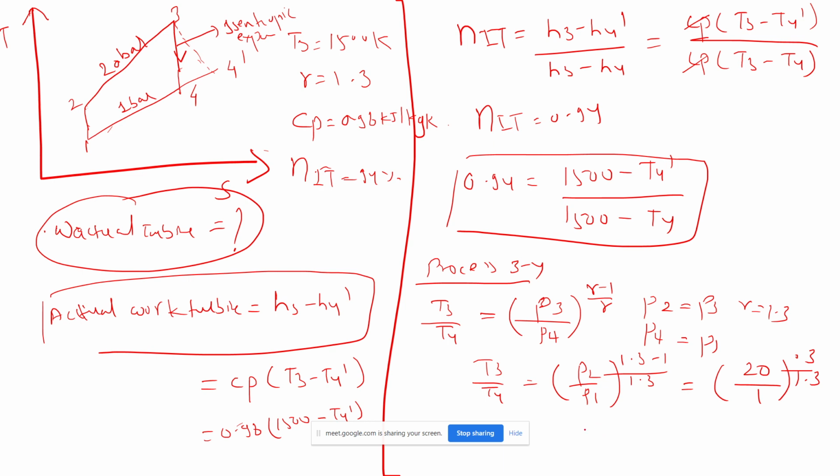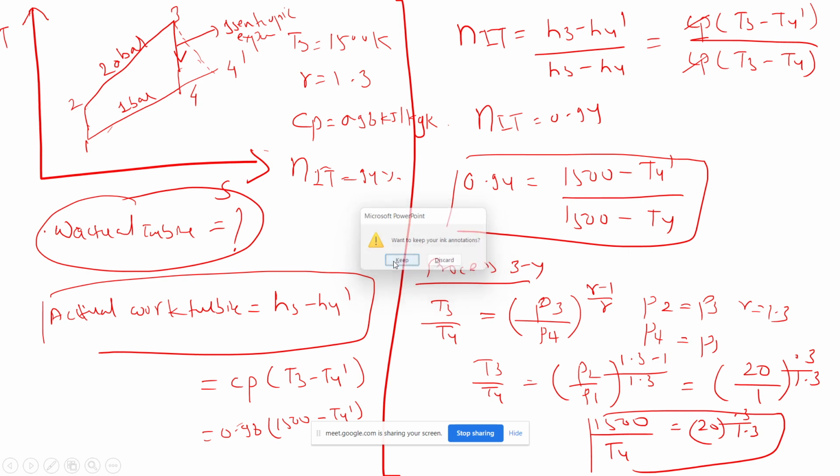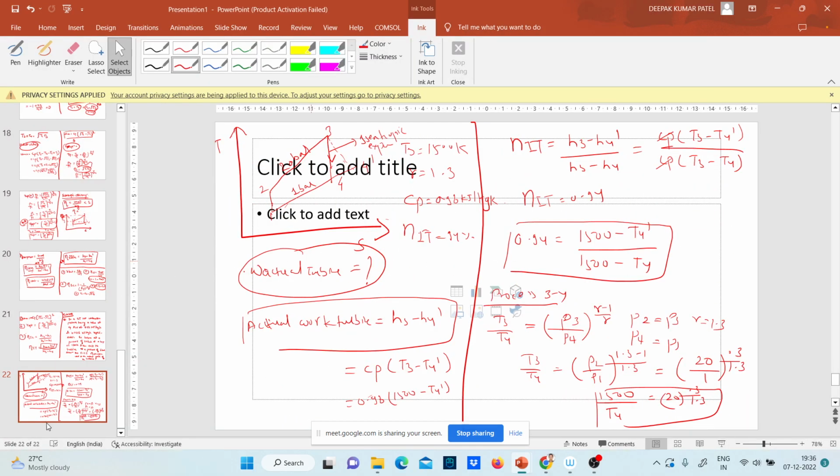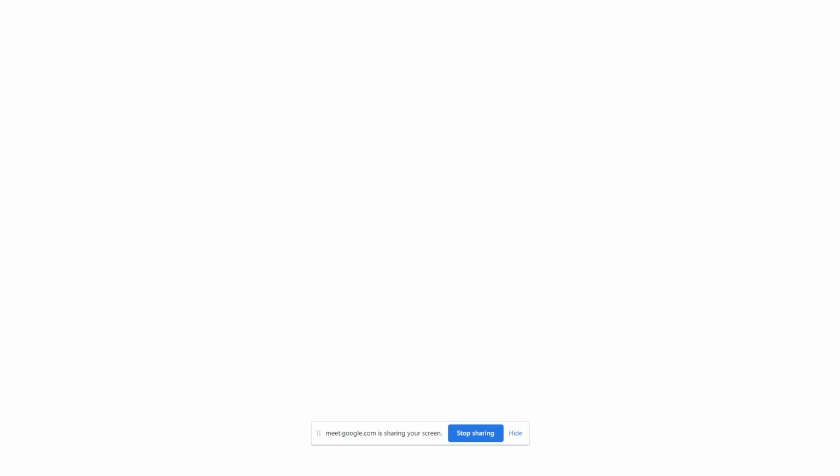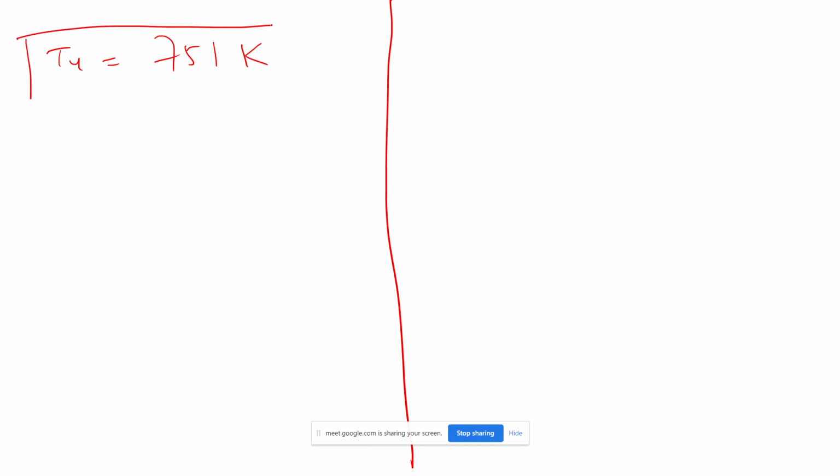Also T3 is given as 1500 Kelvin, so 1500 upon T4 is equal to 20 to the power 0.3 upon 1.3. By putting our values in that equation, we can find T4. T4 will be equal to 751 Kelvin. Who has got this 751 Kelvin?